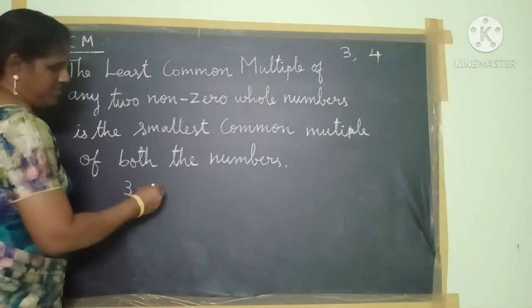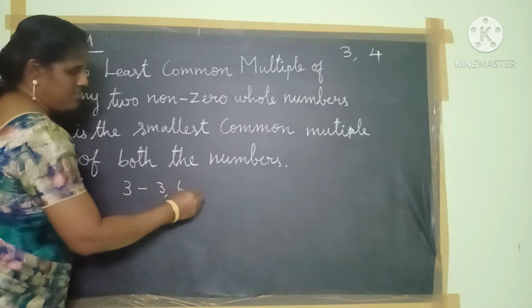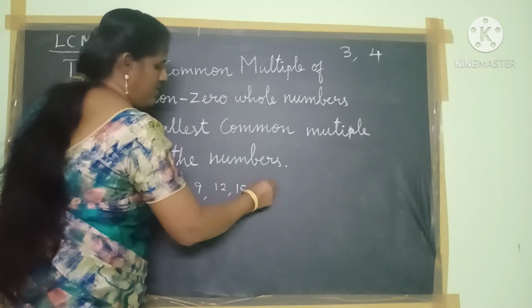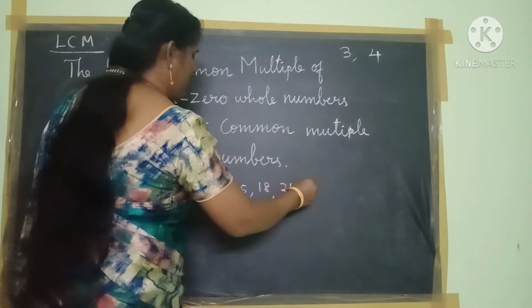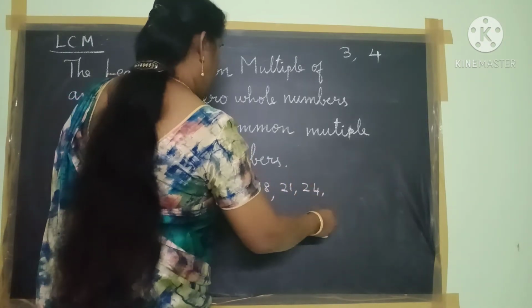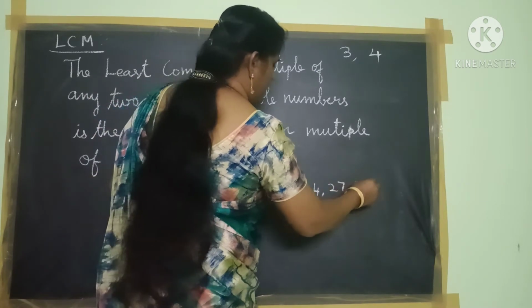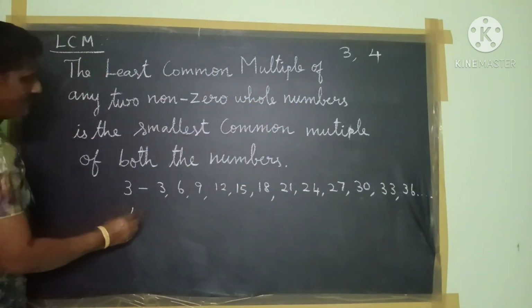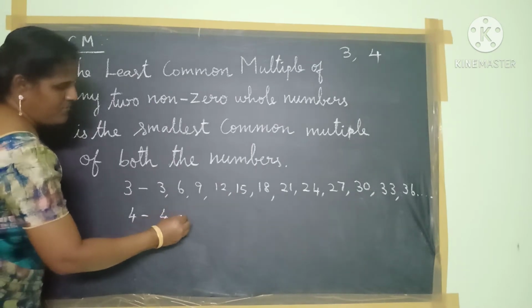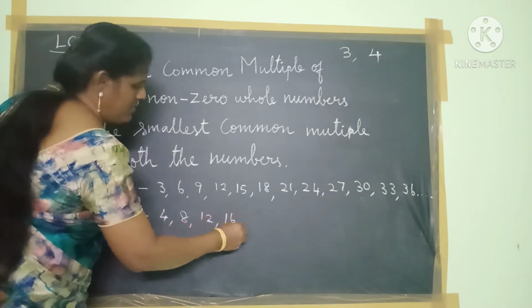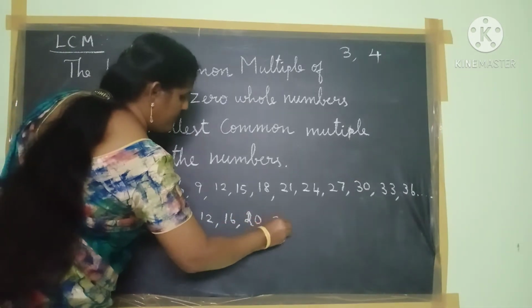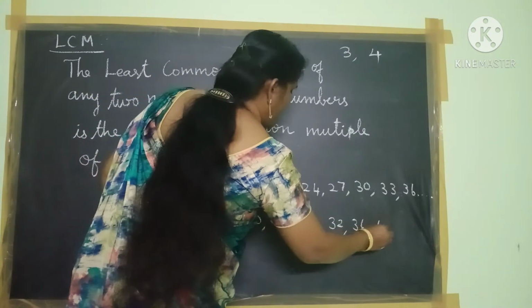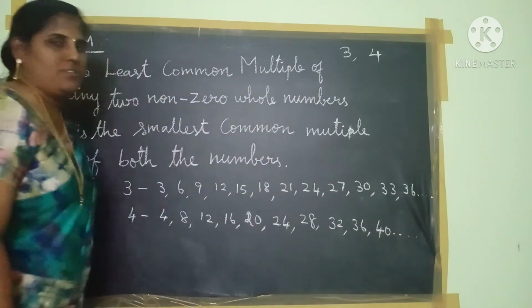What is the table of 3? 1 3 is 3, 2 3s are 6, 3 3s are 9, 4 3s are 12, 5 3s are 15, 6 3s are 18, 7 3s are 21, 8 3s are 24, 9 3s are 27, 30, 33, 36, etc. In the 4 table: 4, 8, 12, 16, 20, 24, 28, 32, 36, 40, etc. So the first step is over.